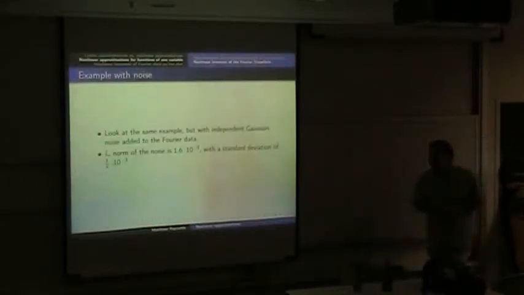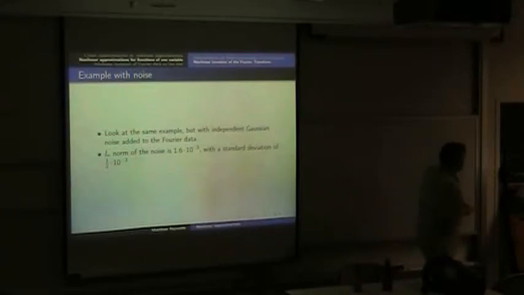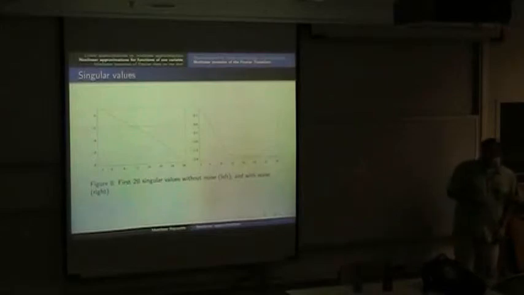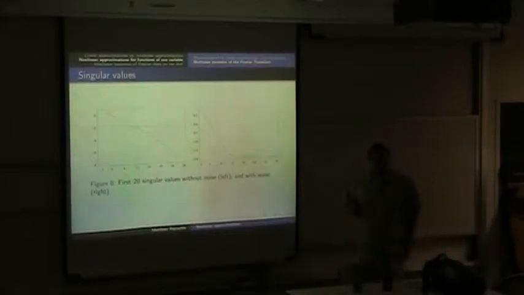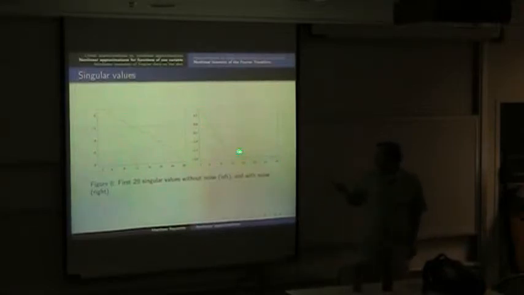Okay, so what happens if you do something with noise? We're going to look at the same example, but we're going to add some independent Gaussian noise to it. And this is what I was talking about earlier about nonlinear approximations and being able to find out what your noise level is. So these are the first 28 singular values of the Hankel matrix that we construct without noise versus the first 28 that we have with noise.